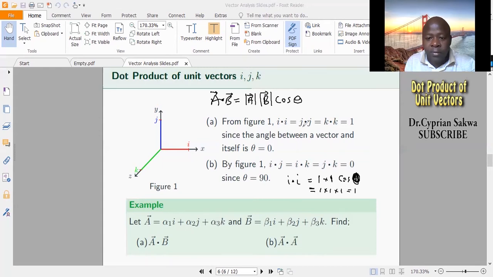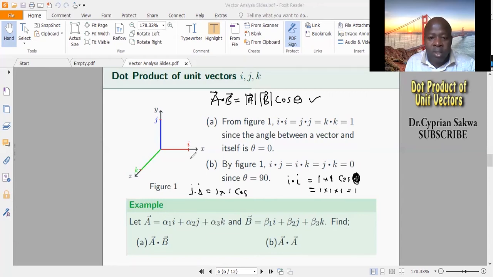The same thing happens with j dot j. The magnitude of j is 1, times the magnitude of j again, which is 1, times cos theta.